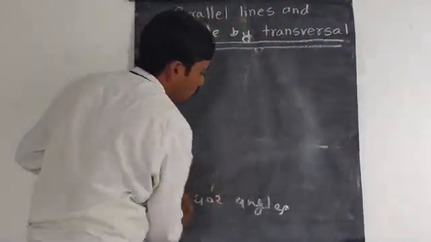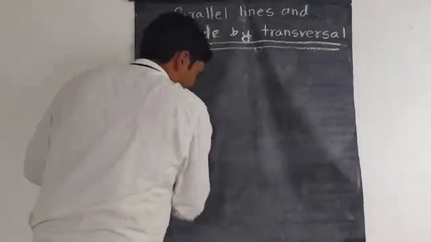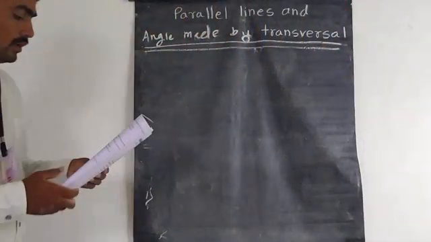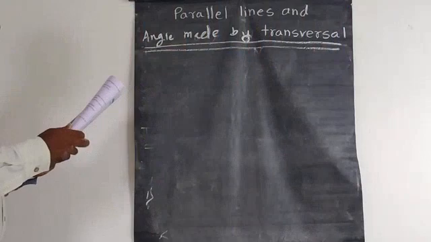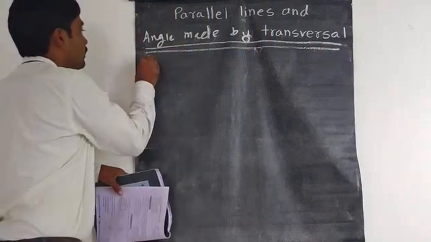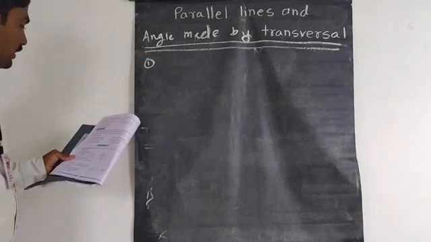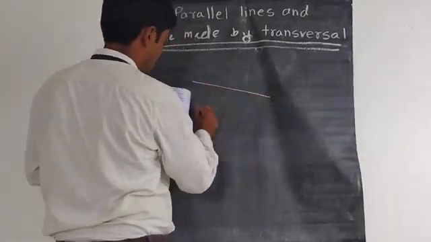We are going to see the practice set. I will solve some questions here and the remaining questions you have to solve in your notebook. See students, practice set 2.1, first question. In the adjoining figure, see here, this is the figure.